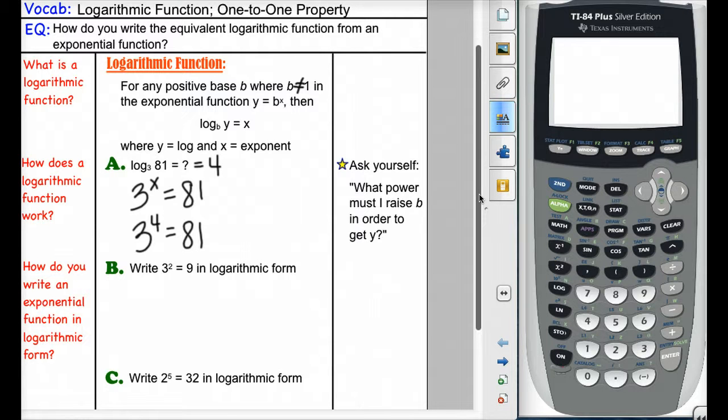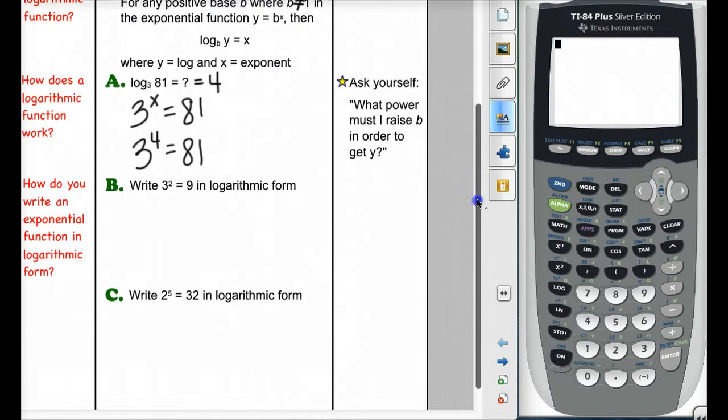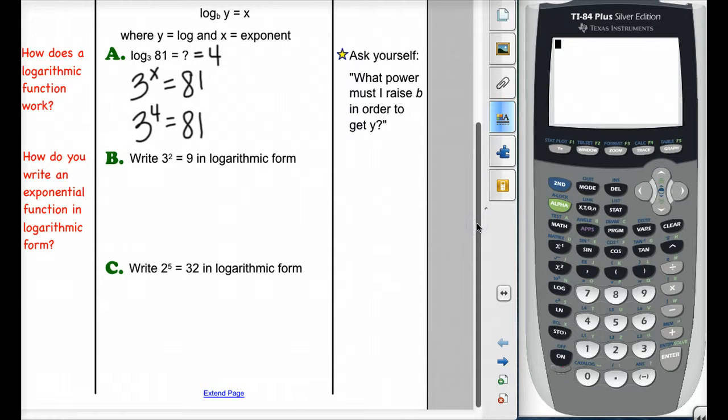The second piece you need to be able to do is take an exponential function and write it in logarithmic form. So remember, it's log base b of y is equal to x, where this is coming from b to the x equals y, just like we had the last few days.